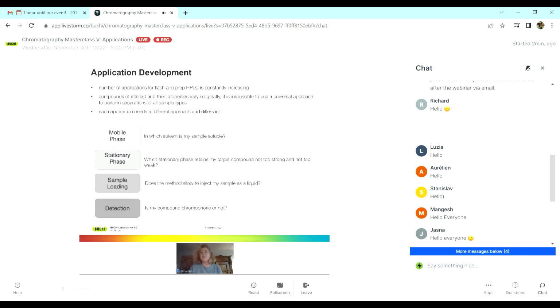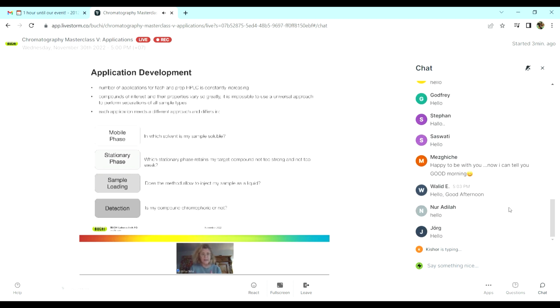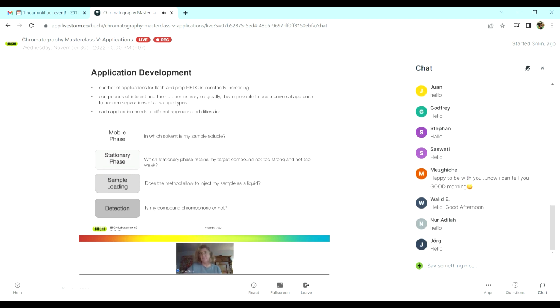What we will do in the following is go through the different types of compounds which I mentioned before, and I will give you some tips and some info on what you should keep in mind regarding these 4 topics: the mobile phase, the stationary phase, the sample loading, as well as the detection. We will now start with the peptides and the proteins.